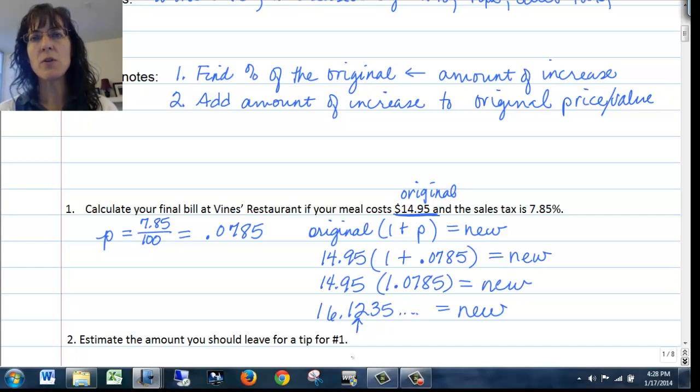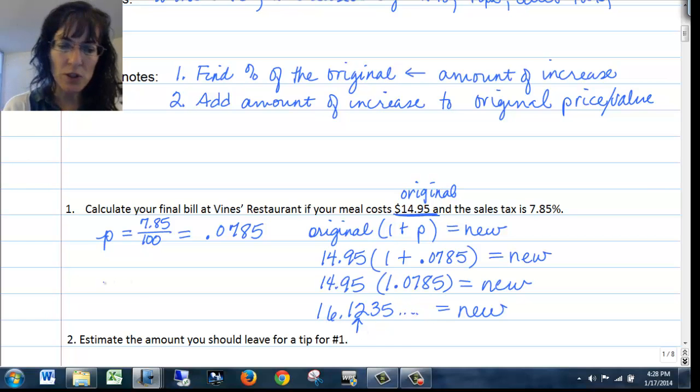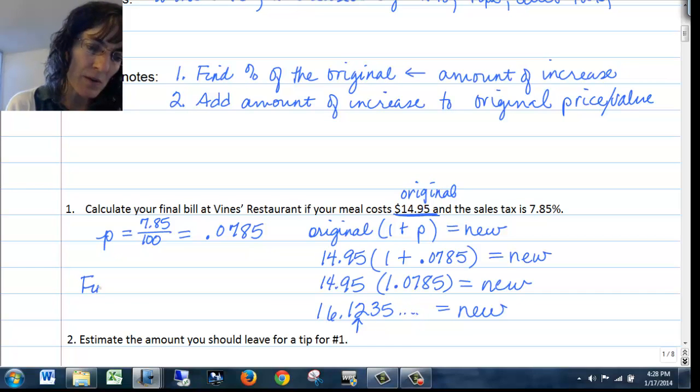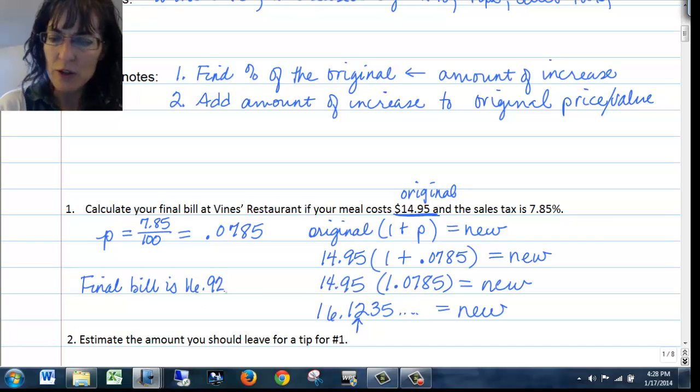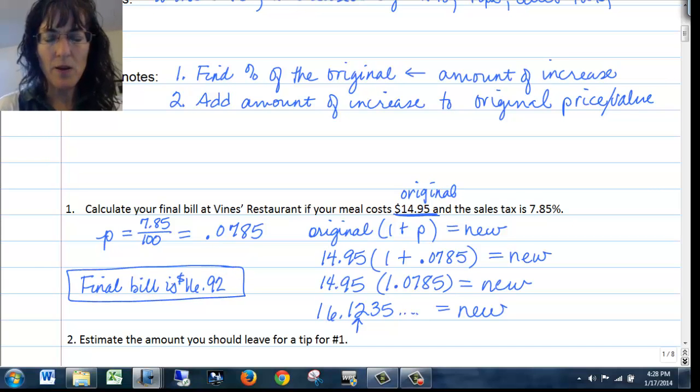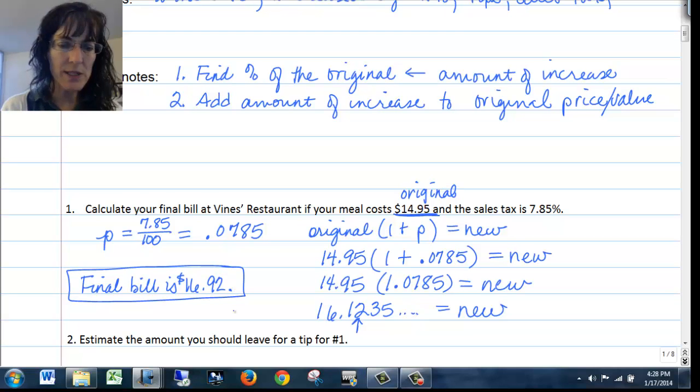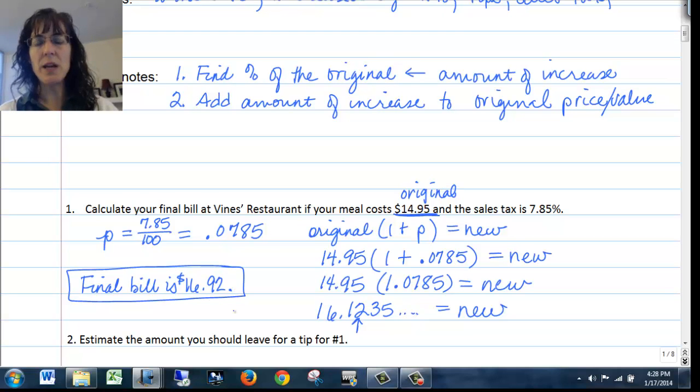It's not 5 or greater, so I'm going to leave it as 16.12. So my final bill is $16.12. And so I've written myself a nice little sentence to explain my answer.